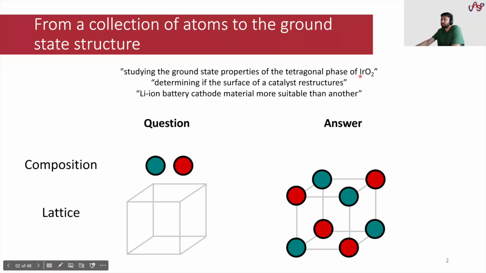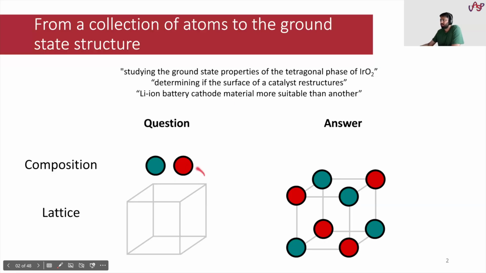This is fairly common these days in terms of using computational methods to characterize and understand certain materials. I think a relatively common extension of this is to understand what surfaces are, what they look like, why something restructures, why something doesn't, or why a certain material is more suitable for something than another, particularly maybe battery materials or otherwise. And so all of these questions, while they are diverse in scope, ask kind of the same question in a fundamental sense.